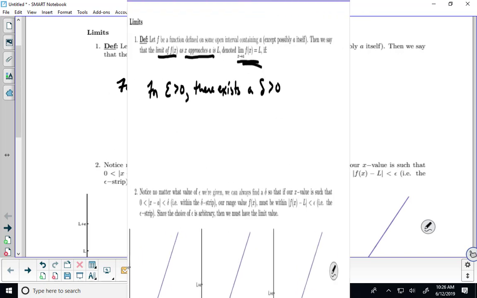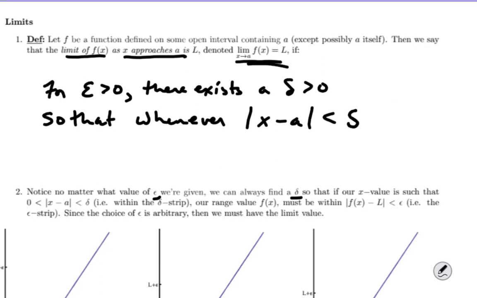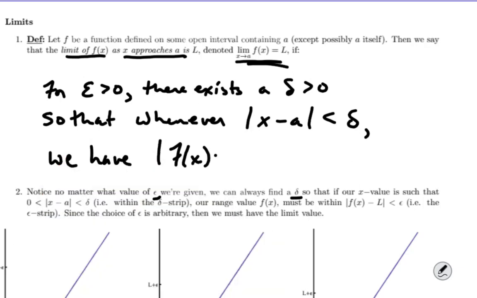If you're having a hard time writing those letters, here's an example of the delta down here. There's an example of the epsilon right there. So if for every epsilon greater than 0, there exists a delta greater than 0, so that whenever the absolute value of x minus a is less than delta, we have that the absolute value of f of x minus L may be made less than epsilon.